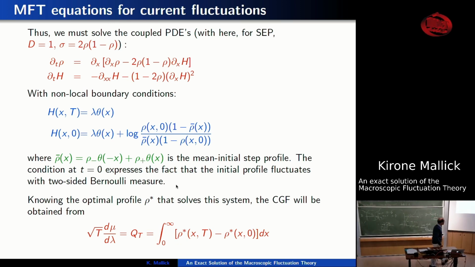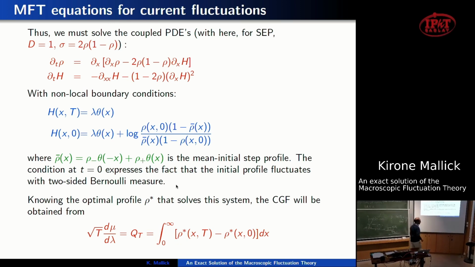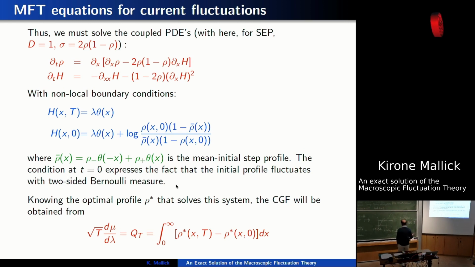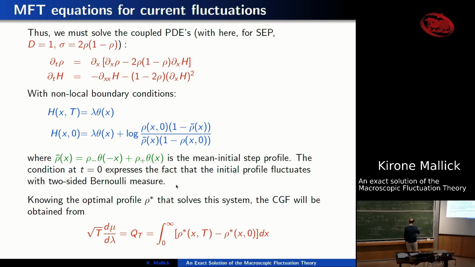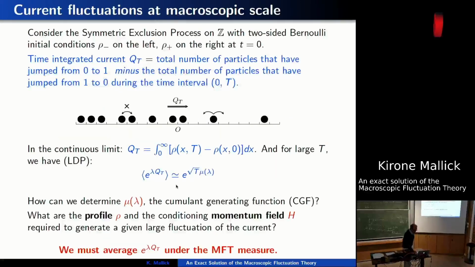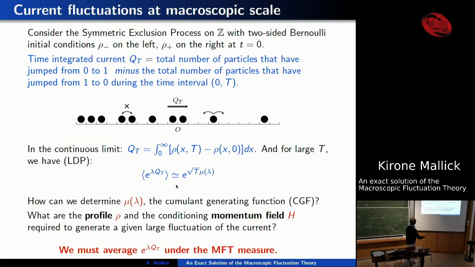boundary conditions reflect. So these boundary conditions reflect the fact that first of all, you have this initial step function. So this is encoded in the second boundary condition. And the first boundary condition at final time really reflects the fact that your observable qt is given by this integral, which contains the density at rho xt.